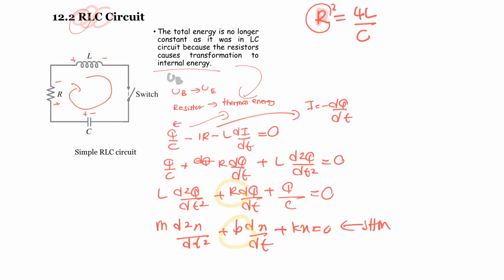This is basically what we call the damping constant, and the one that actually controls it is the resistor.